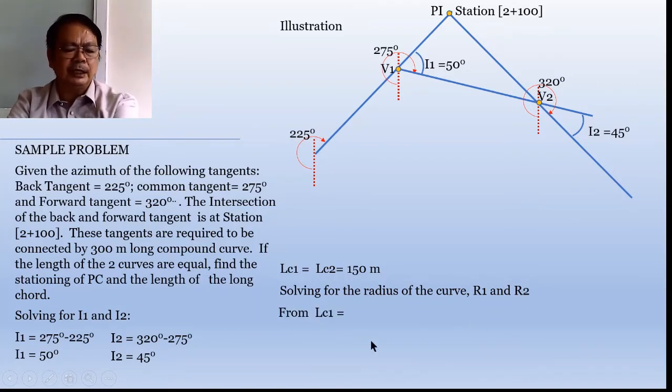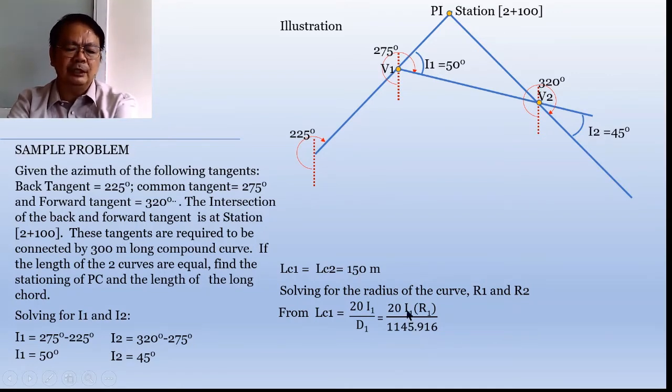Given the formula that LC sub 1 is equal to 20 I sub 1 divided by D sub 1. Na kung saan ang R and D are related such that D sub 1 is equal to 1145.916 over R, or R is equal to 1145.916 over D. Kapag pinalitan natin ito ng R, sa makatuwid, this becomes equal to 20 times I sub 1 times R sub 1 divided by 1145.916.